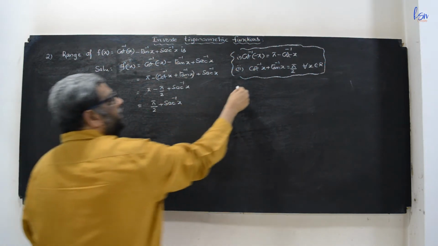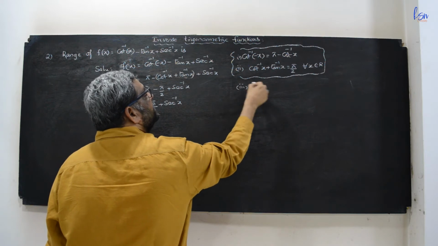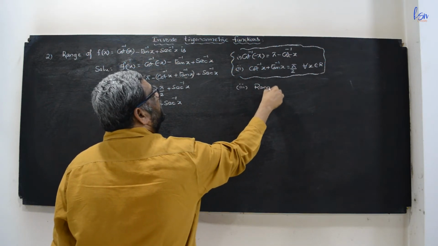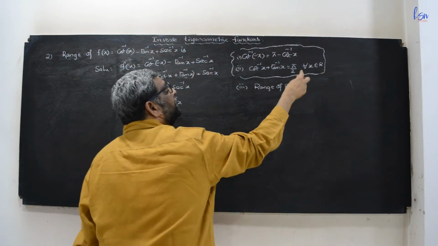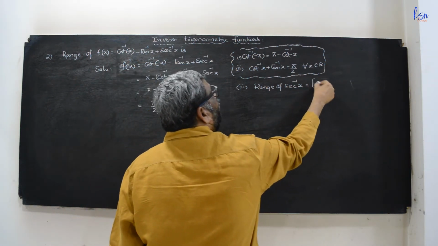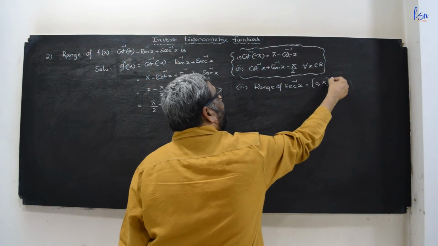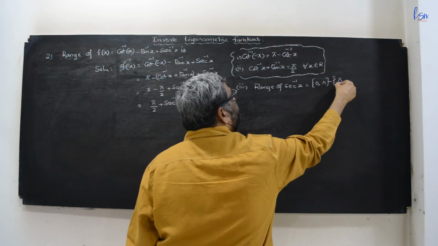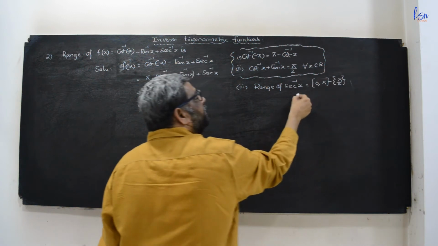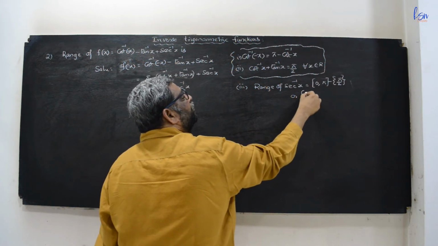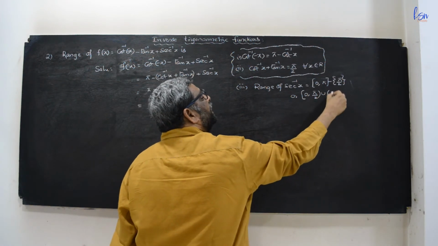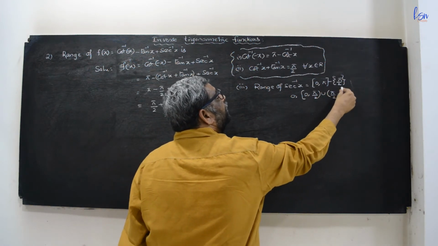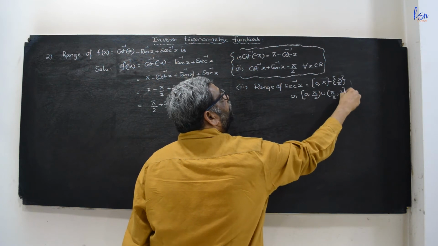Now the range of secant inverse x is closed 0 to pi minus pi by 2, or it can be written as closed 0 to pi by 2 open union pi by 2 open to pi closed.